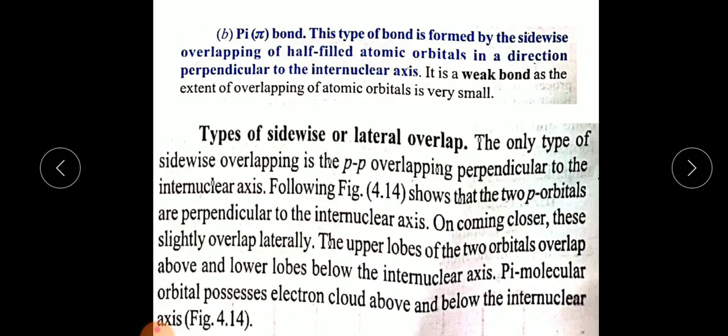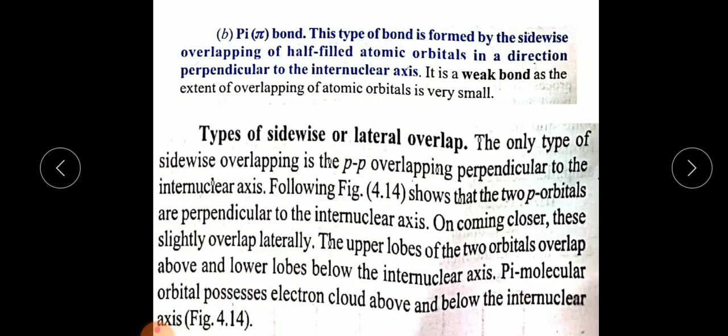In that double bond, one is a sigma bond and the other is a pi bond. So whenever we have two bonds between the atoms, one will be sigma and the other will be pi. And if you have three bonds, then one will be sigma and the other two will be pi. We will come across that later on.